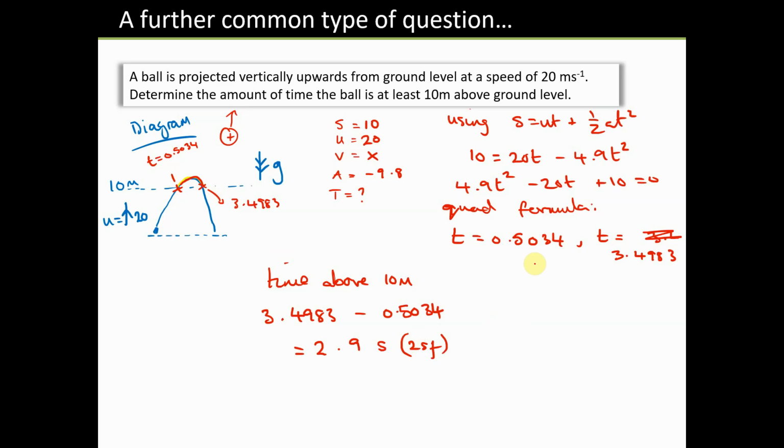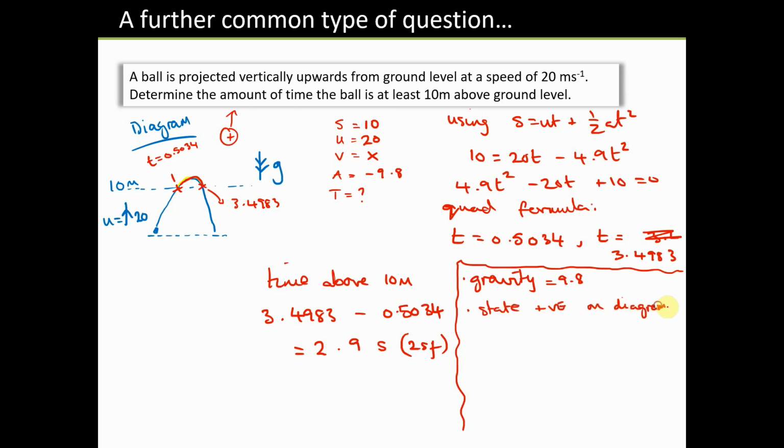So just to recap the key things on these three examples. Key thing number 1, gravity equals 9.8. Key thing number 2, state a positive direction on your diagram, and then be consistent with your units.